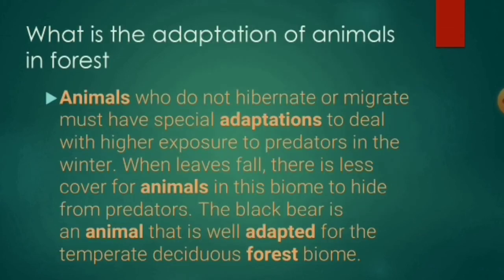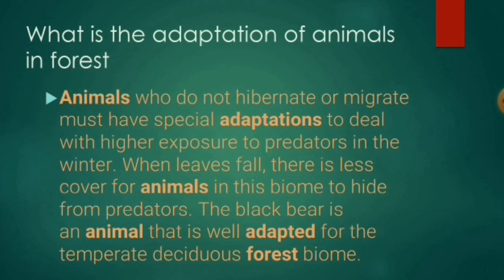And now let's learn what the adaptation of animals in the forest is. Animals who do not hibernate or migrate must have special adaptations to deal with higher exposure to predators in the winter. When leaves fall, there is less cover for animals in this biome to hide from predators. The black bear is an animal that is well adapted for the temperate deciduous forest biome.